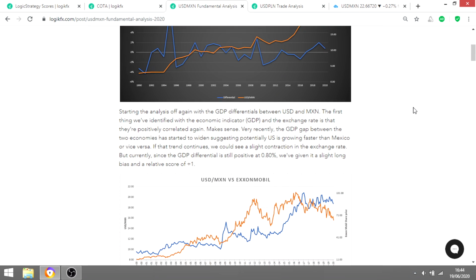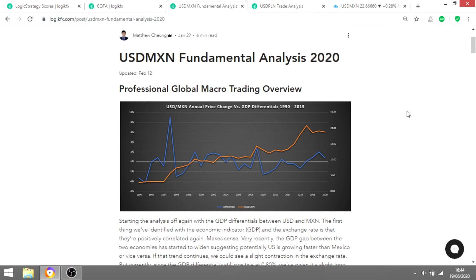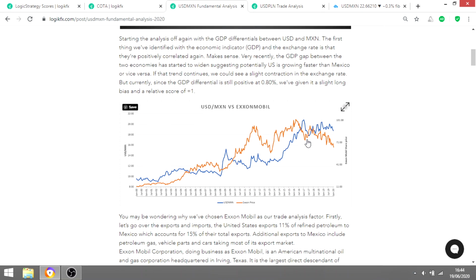After we identified the scoring and the bias of the GDP differentials, we went on to what factors could impact the USD/MXN exchange rate, and oil was actually a really big factor. So we decided to analyze ExxonMobil, the US multinational oil and gas corporation, and we identified quite a positive relationship over the last 20 years: in general, when the Exxon price increases, so does the USD/MXN exchange rate.